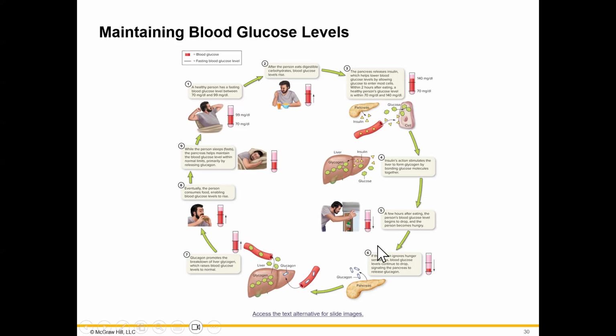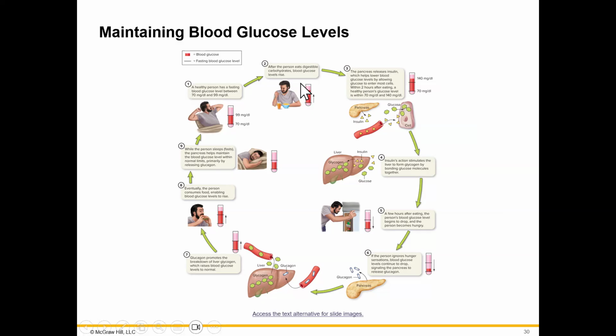So this is what we're going to be focusing on when we get to part 2, which is talking about diabetes. All right. A normal healthy blood sugar is around 70 to 99 milligrams per deciliter. That is someone without diabetes. Okay.